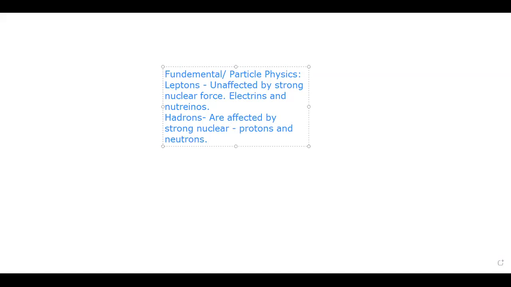So we've got leptons and we have got hadrons, and then we have got our quarks.